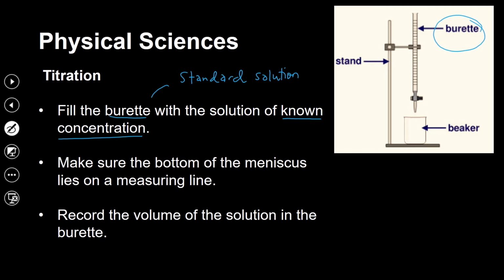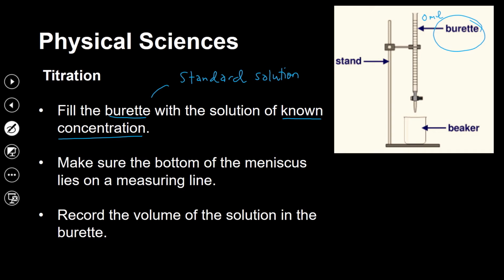So when it's completely filled, it will mark up to 0 mL, whatever units are used. As you allow that standard solution to come out of the burette so that it reacts with the other substance, it could be the acid or the base, it doesn't matter, you can keep track of how much of the standard solution in terms of volume has been used in the reaction, okay?